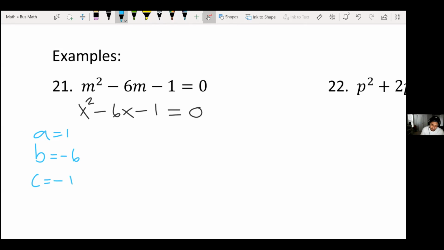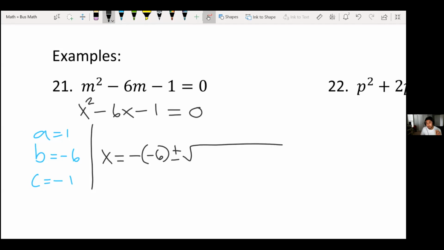So let's go ahead and plug into the quadratic formula. So the quadratic formula starts out as, let's put a line here. Okay, the quadratic formula starts out as x equals, and it's going to be negative b. So you'll have negative b, and our b value is negative 6. So it's negative 1 times negative 6 plus or minus the square root of, and remember, when we are plugging numbers in, you always want parentheses, okay?